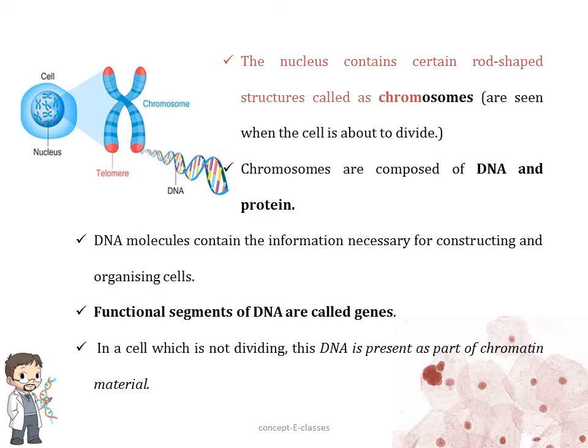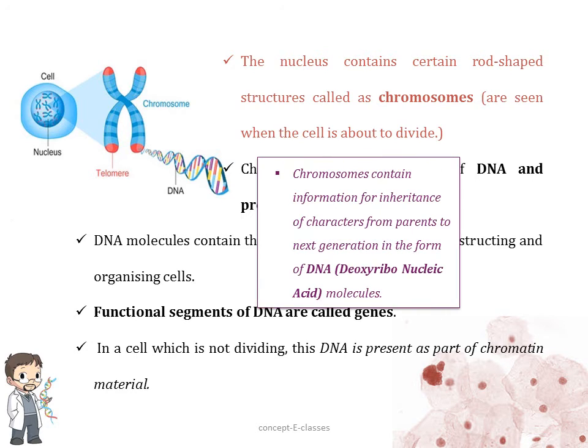Now the nucleus contains certain rod-shaped structures called chromosomes, and they are seen only when the cell is about to divide. These chromosomes contain information for inheritance of characters from parents to the next generation in the form of DNA. You might have seen how a child is similar to a parent. That is mainly due to this DNA.